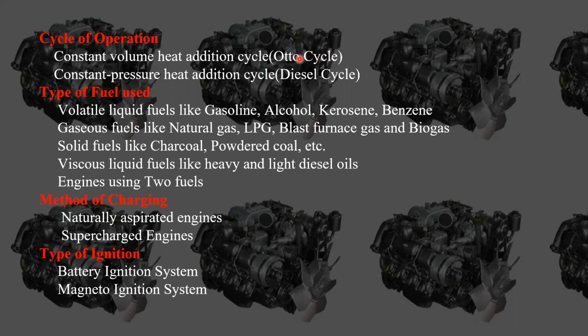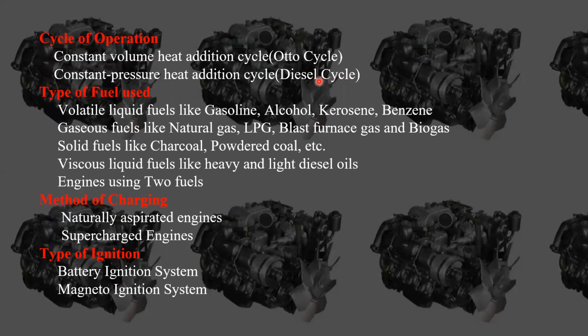The next one is if the cycle is run at constant pressure, that means we add heat at constant pressure. Then we call it a constant pressure heat addition cycle, and we can also call that the diesel cycle, or a compression ignition engine.